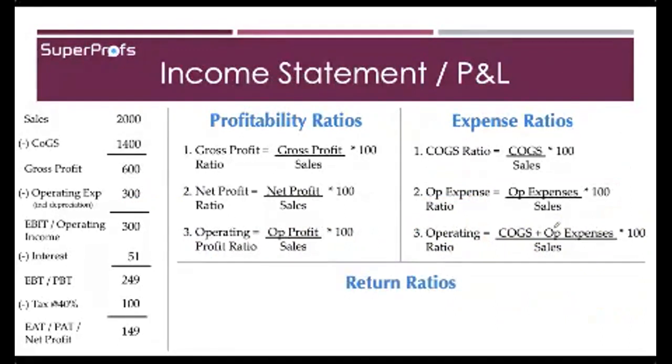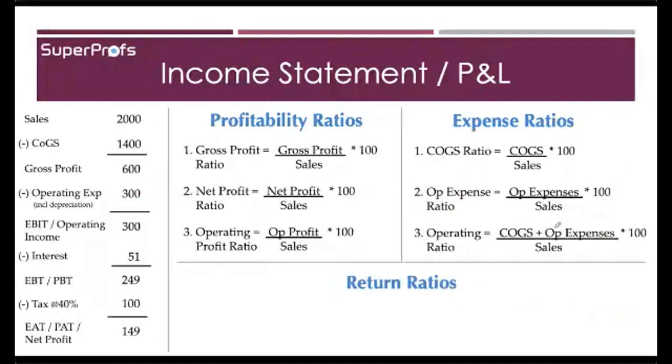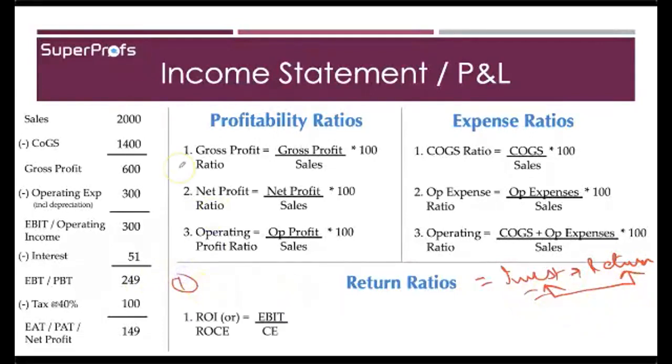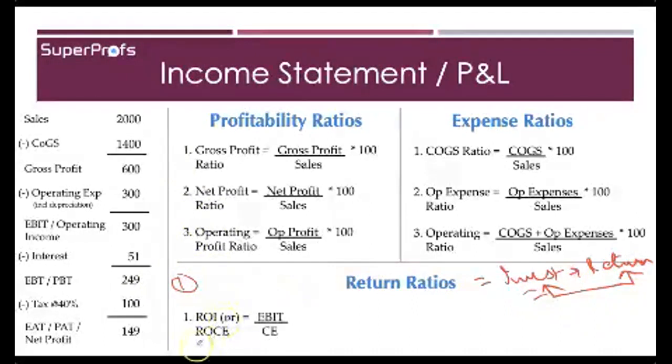The third kind of ratio is the return ratio. Now what does return mean? Return means if you invested something, how much money are you getting in return for this investment? Based on this very definition, the very first ratio is your return on investment or return on capital employed.